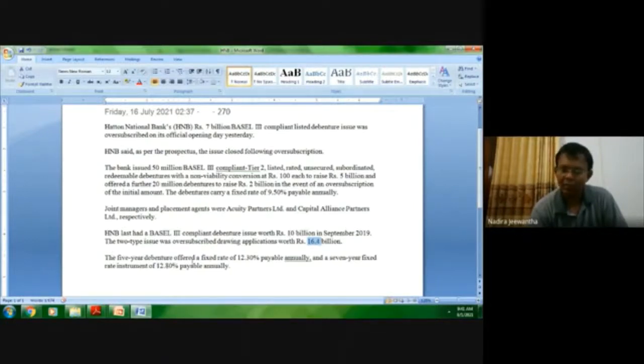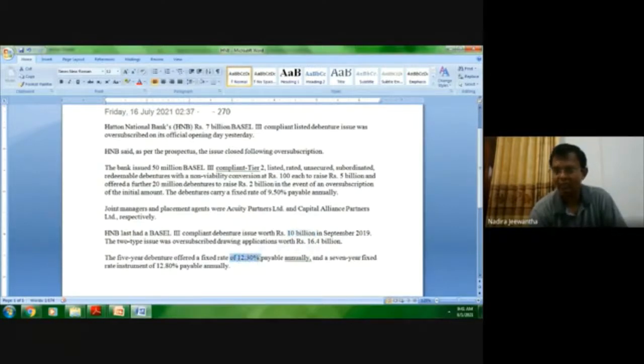The 5-year debenture offered a fixed rate. That was 10 billion. Now see, it's a 5-year, right? 10 billion rupees. I'm sorry, 10 billion rupees. The 5-year debenture offered a fixed rate of 12.30.